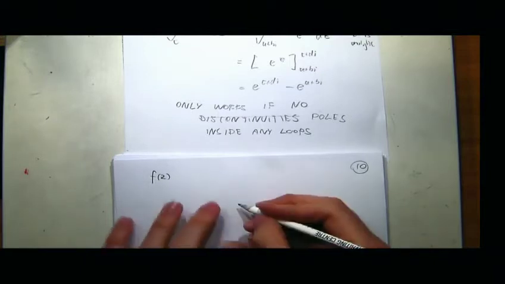So f of z will have things that make it discontinuous, and in general they are seen as a 1 over z minus something. That's the problem. Okay?